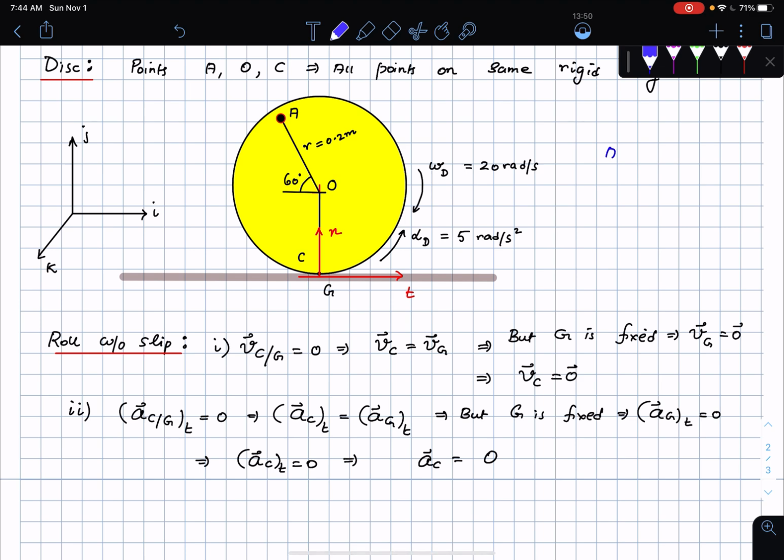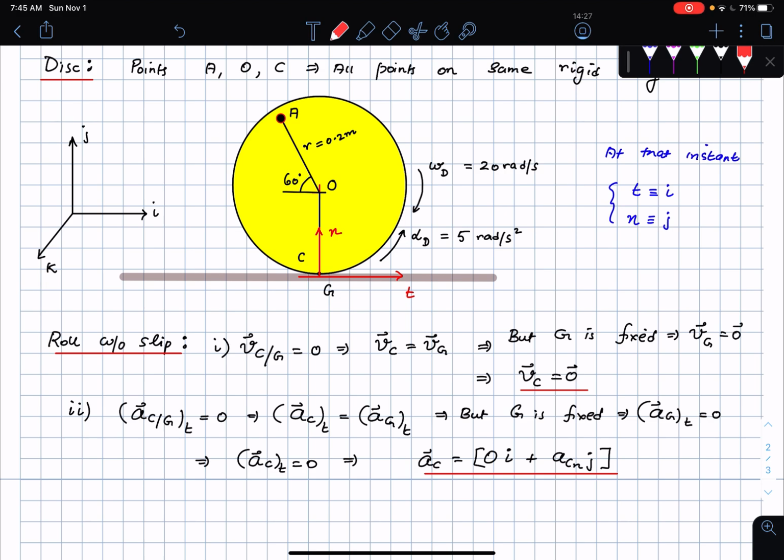So at that instant, the tangential direction is coincident with the direction I, and the normal direction is coincident with the direction J. This is at that instant, so I can say that this is 0 in the I direction and something in the J direction. Alright, so those are the two things that we have obtained from the idea of rolling without slip.